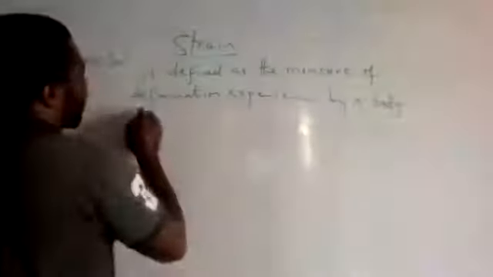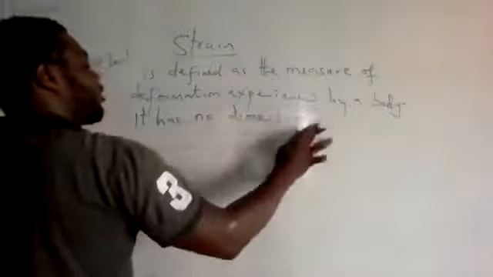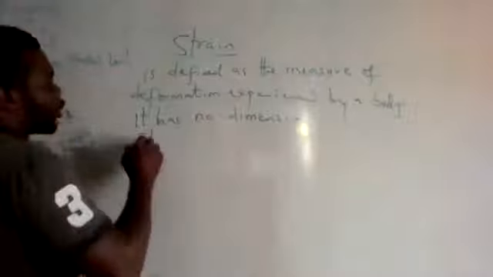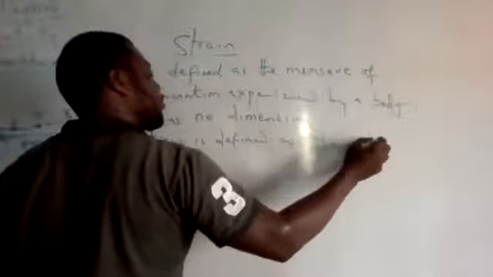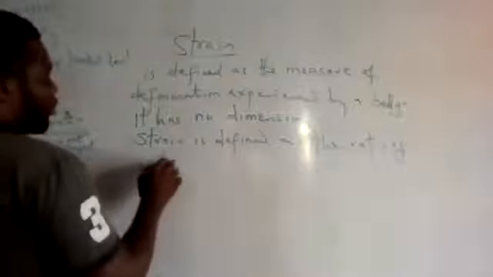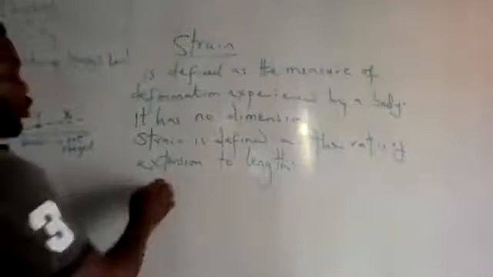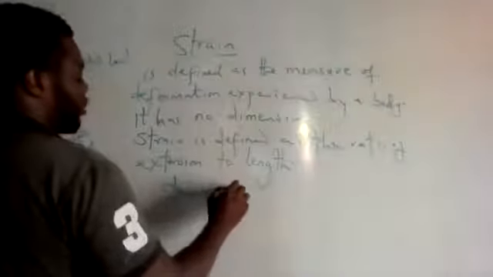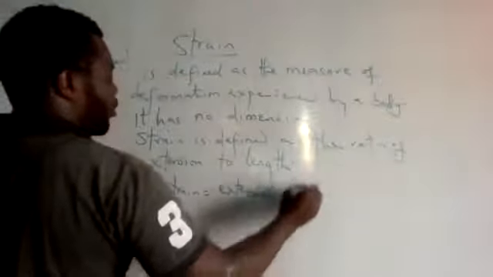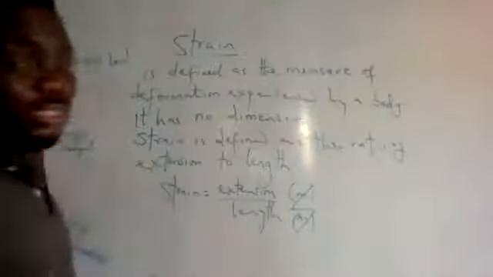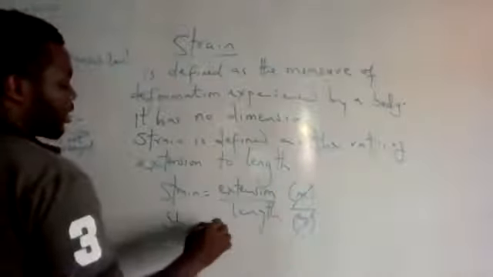Mathematically, strain is defined as the ratio of extension to length. Extension is in meters and length is in meters, so they cancel out, which is why it has no units. So strain is e over L.